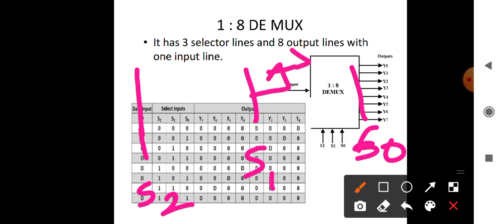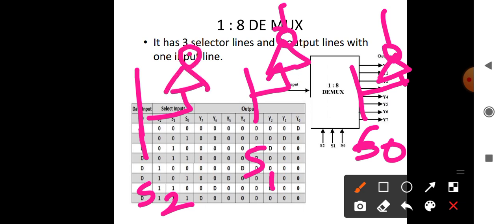For each D output, we need to have a 4 input AND gate: 1 input for X, and S2, S1, S0 make 3, plus 1, so a 4 input AND gate is necessary.